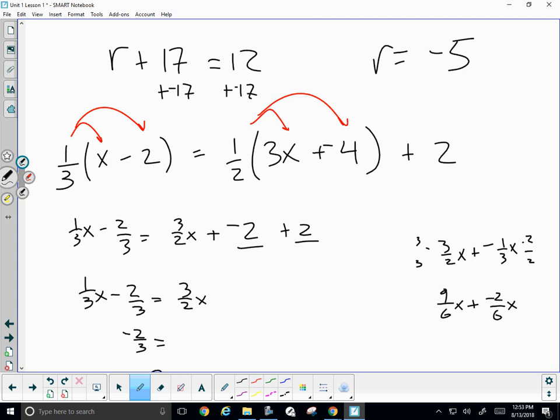So that's 7/6x. Multiply by 6, divide by 7. I get x is equal to... it does not simplify, -12/21, unless I made a mistake.